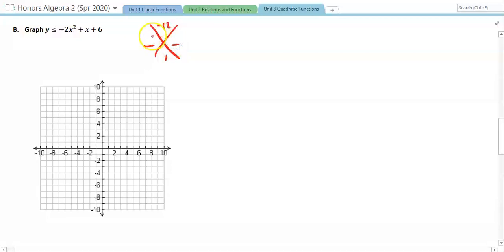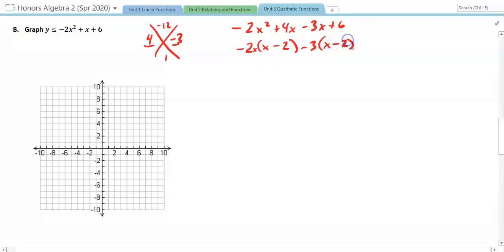Well, if we do our whole list, we're going to see that we get positive 4 and negative 3. And so I get negative 2x squared plus 4x minus the 3x plus the 6. I can factor out a negative 2x from both of these, so I'm left with x minus 2. Factor out a negative 3 from both of these, I get x minus 2 as well.